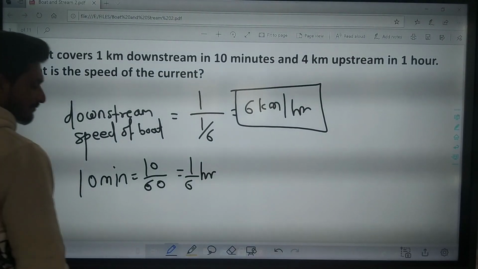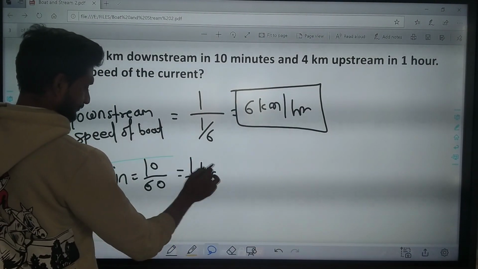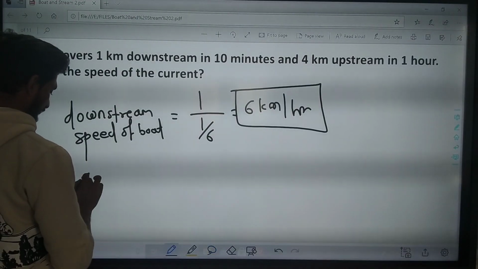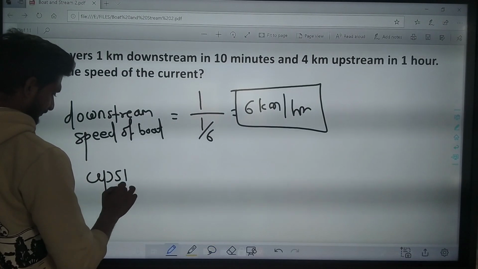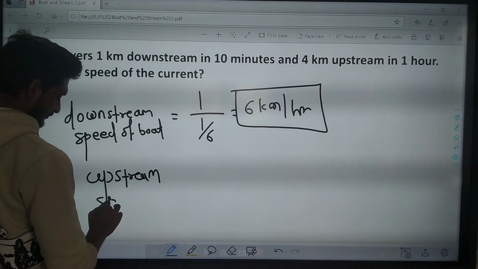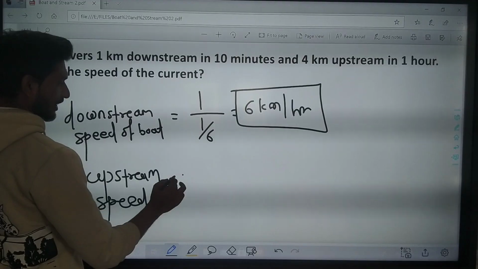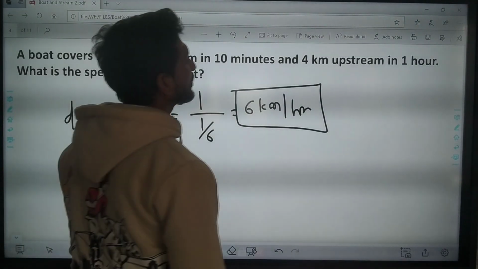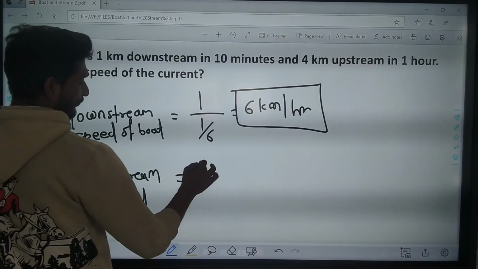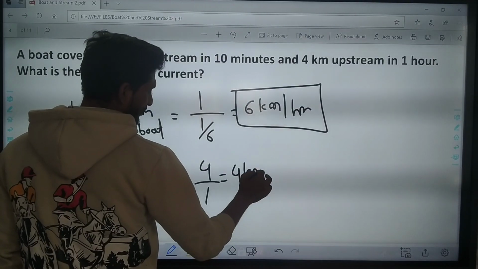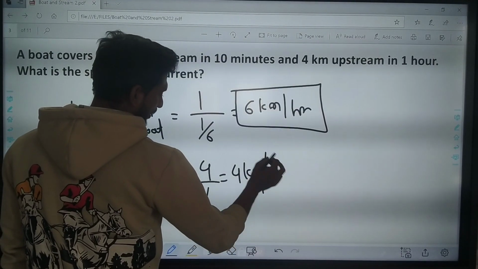Now we find the upstream speed. 4 kilometer upstream in 1 hour, that is 4 upon 1, that is 4 kilometer per hour. Upstream speed is 4 kilometer per hour.